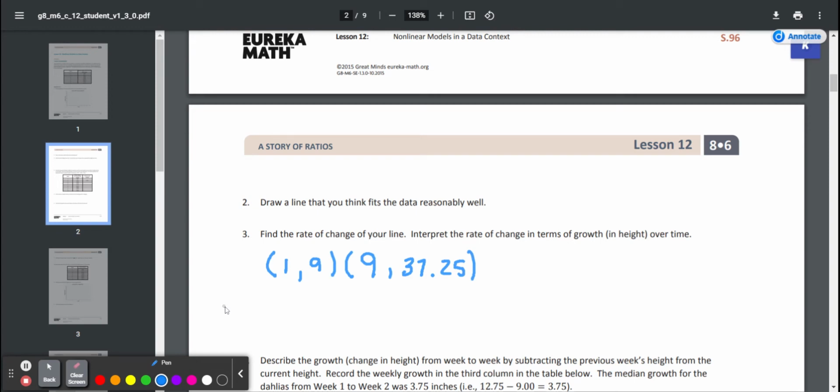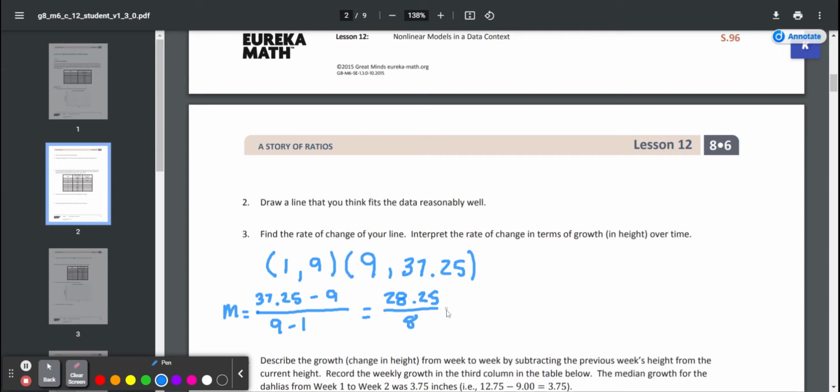So again, the slope is the change in y over the change in x. We're going to look at the change in y, which is 37.25 minus 9, over the change in x, which is 9 minus 1. When we subtract, we end up with 28.25 over 8.